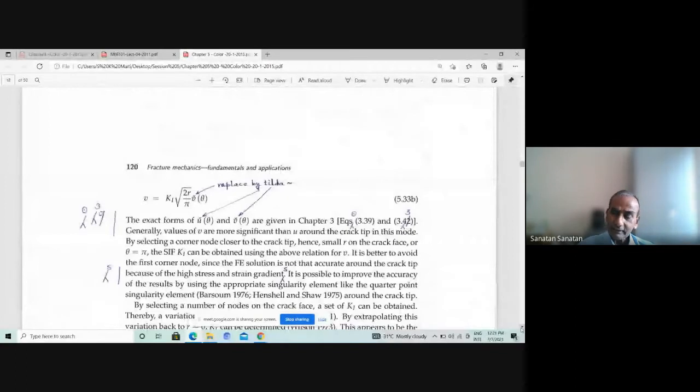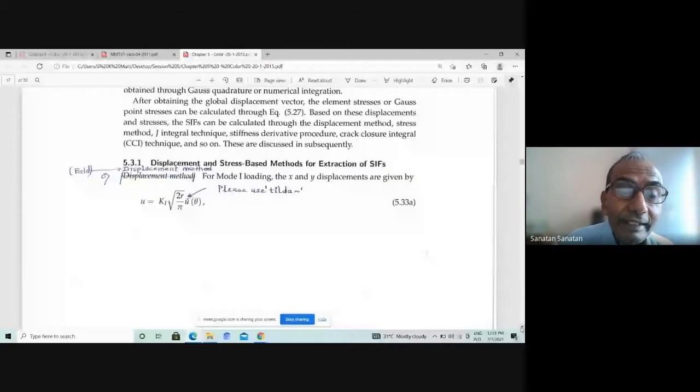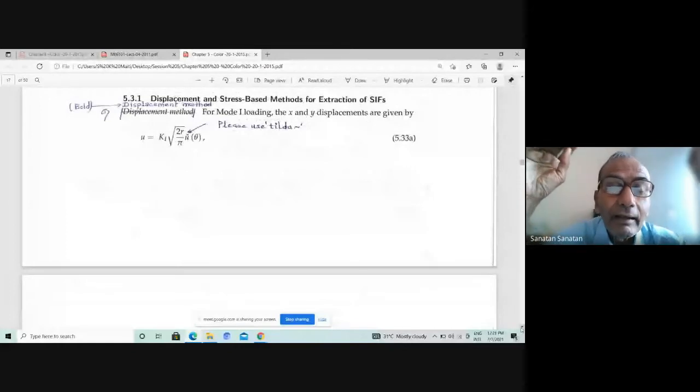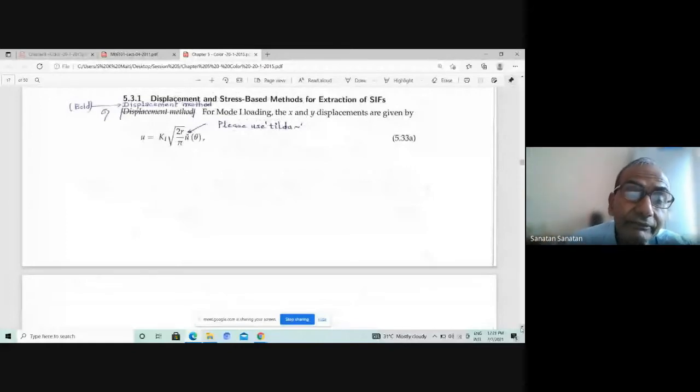Just one second. Yeah, displacement and stress method of extraction. Herein, if you see the solution for the crack tip, then the displacement u at any point at distance R from the crack tip is given by this expression. If it is a mode 1 problem, then it is the SIF in mode 1 multiplied by the square root of R by 2 pi and a function of theta.